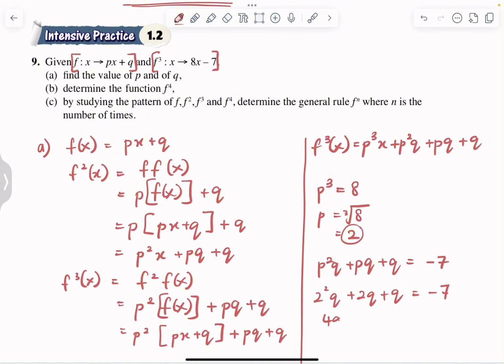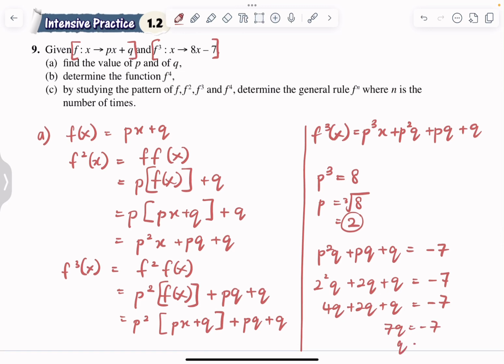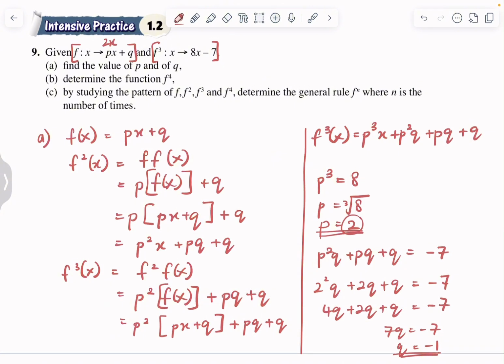So this is 4q plus 2q plus q is negative 7. 7q is negative 7. Therefore, q is negative 1. That's all. Okay, that's the value of p and q. So we can write f(x) as 2x minus 1.